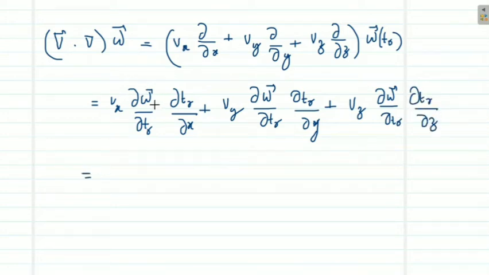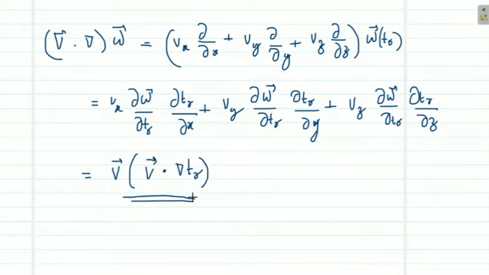So we can take dou w bar by dou tR, which is v bar, as common. So this is v bar into vx into dou tR by dou x plus vy into dou tR by dou y plus vz into dou tR by dou z, which is simply v bar dot del tR.